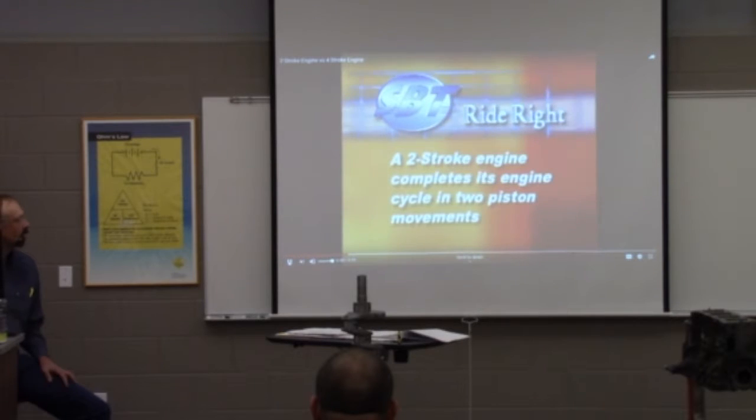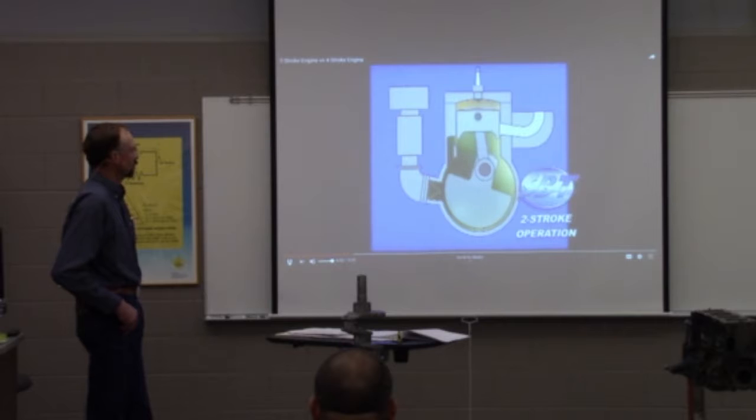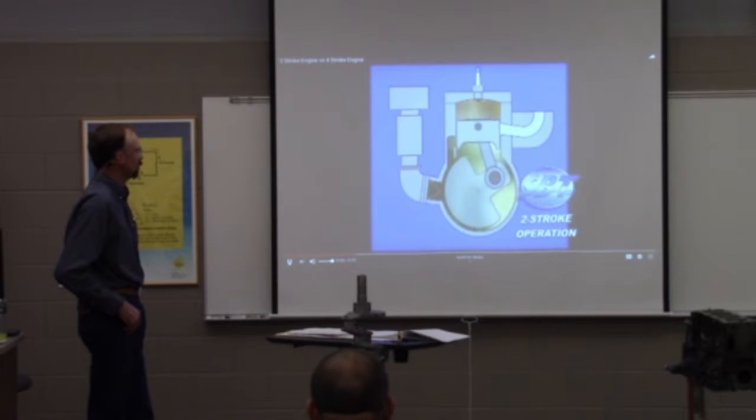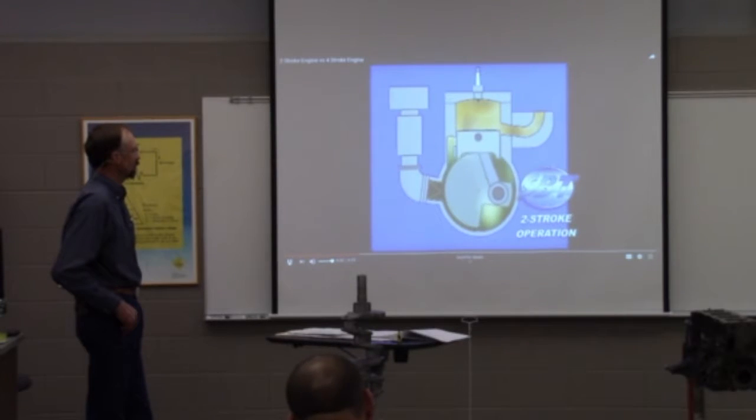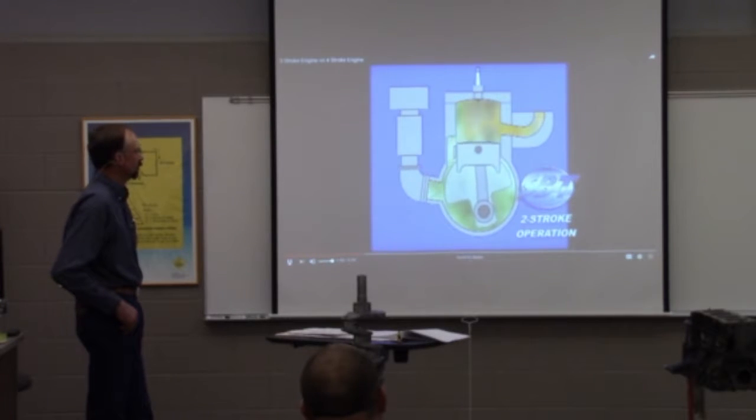Accomplish its complete cycle in just 2 strokes. It is power stroke. Ignited air fuel charge forces down until it reaches an opening inside of the cylinder called the exhaust port. As the piston continues, it pressurizes the air and fuel mixture that was drawn into the crankcase during the previous compression stroke. A transfer port is exposed, allowing the pressurized air and fuel into the cylinder.